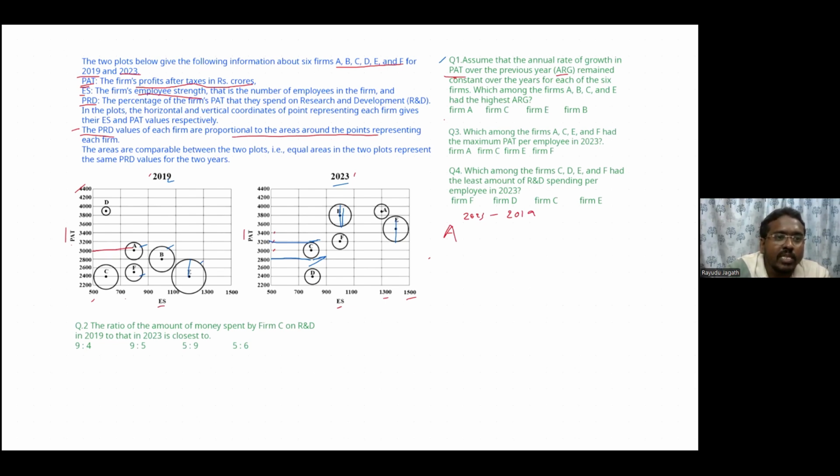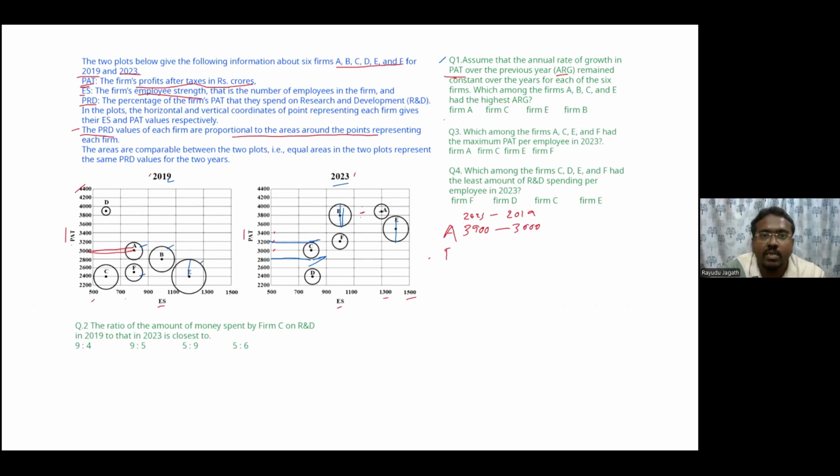It is in between 3800 to 4000, in between 3900. So 3900 minus 2019. In 2019, what is the value corresponding to this? 3000. Sorry, in 2019 it was 3000 crores. In 2023 it was 3900 crores.